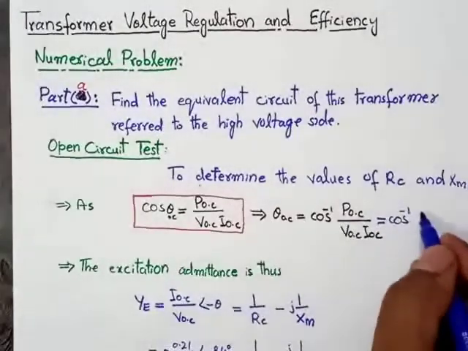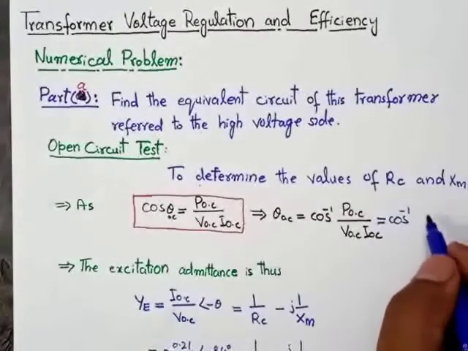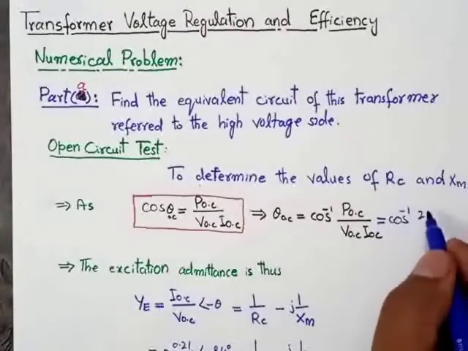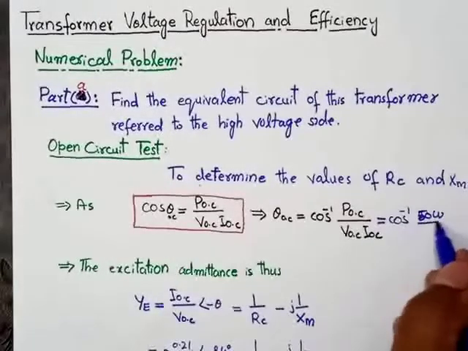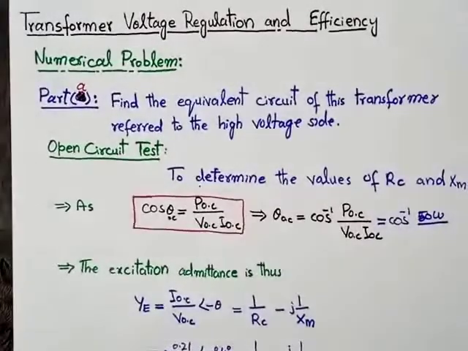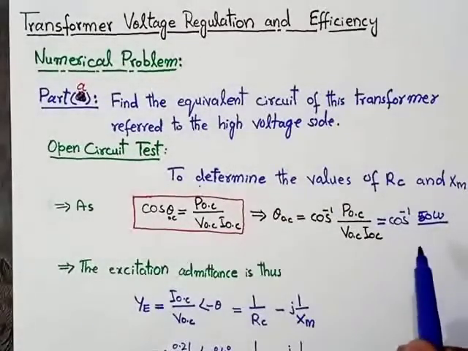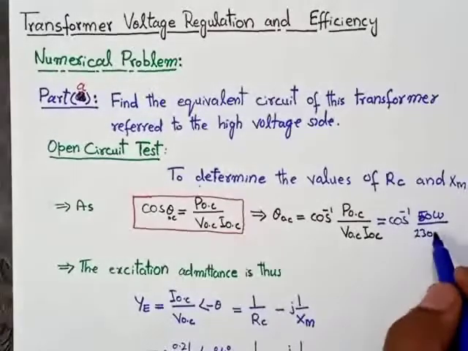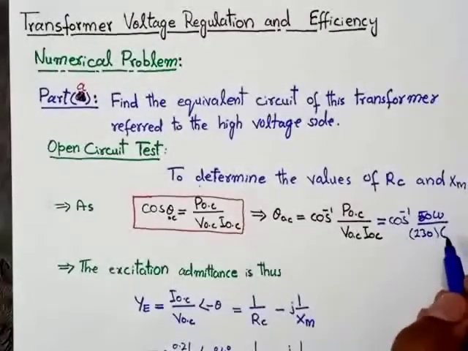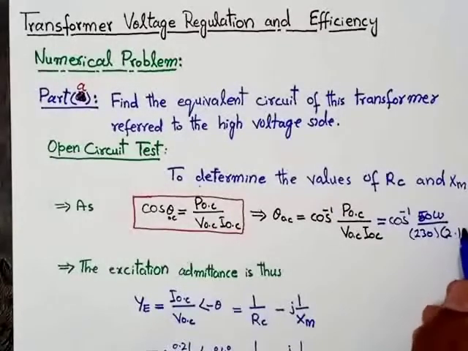The voltage is 230 volt. The power of open circuit given in the problem is 50 watt. The value of the voltage is 230 volt and the value of the current is 2.1 ampere.